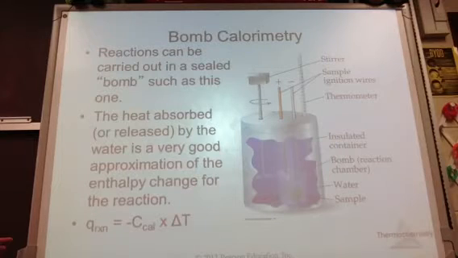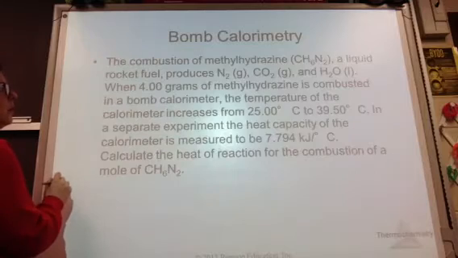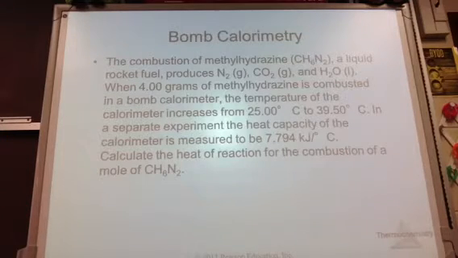So I want to do an example with this. Here's our example. I have the combustion of methylhydrazine, CH6N2, which is a liquid rocket fuel, producing N2 gas, CO2 gas, and liquid water. When 4 grams of methylhydrazine is combusted in a bomb calorimeter, the temperature of the calorimeter increases from 25 degrees Celsius to 39.5 degrees Celsius.